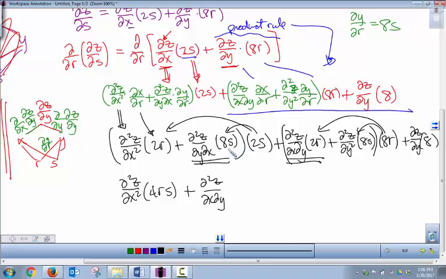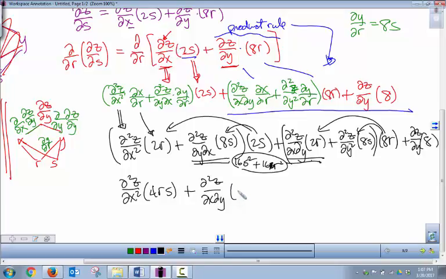This is going to be 16s squared, and this is going to be 16r squared, because it's this one.